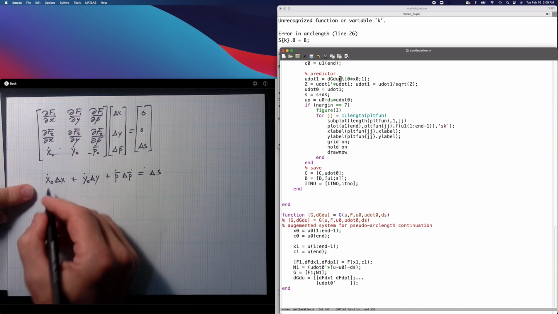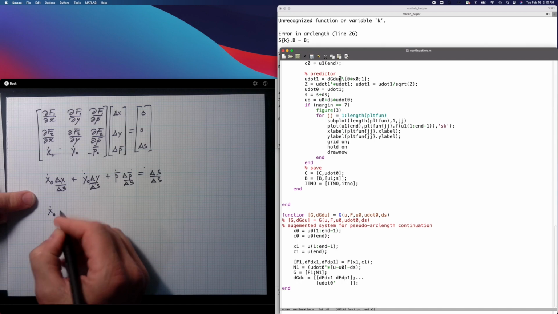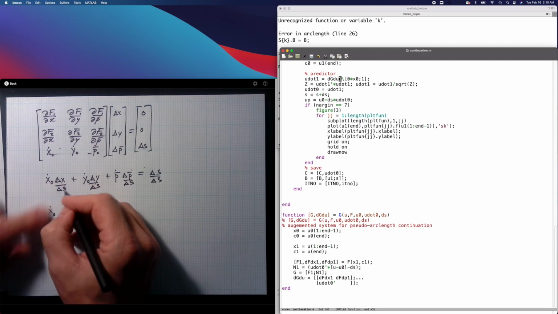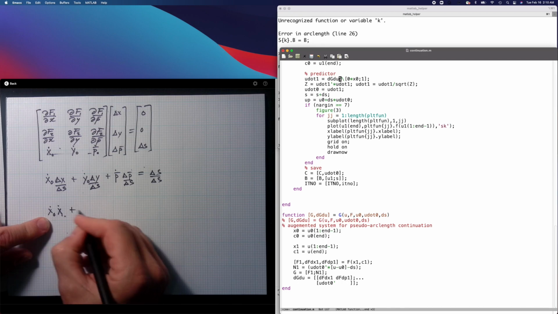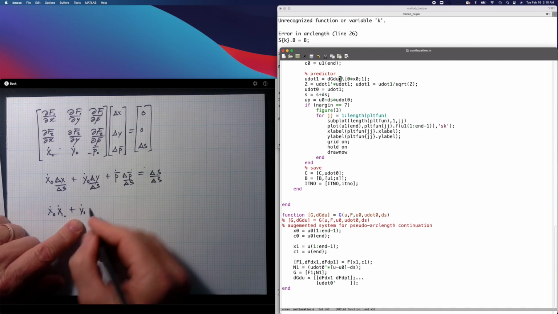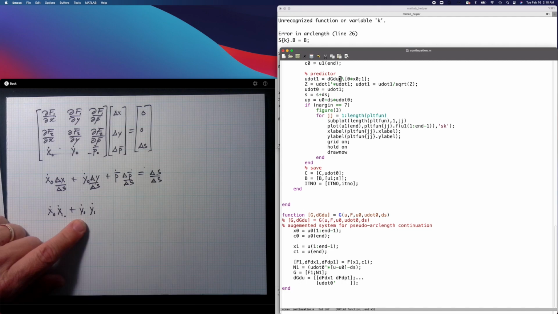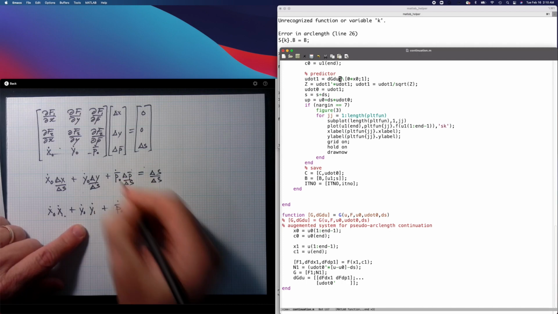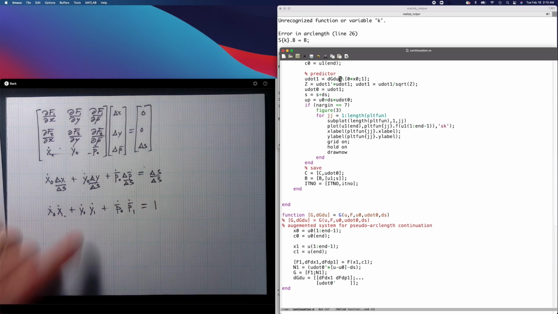And if I divide through by delta s, what I get is x dot naught times the new dx ds, which is an approximation, x dot 1, plus y dot naught, the old dy ds, times the approximate y dot 1, plus p bar dot naught times the new p bar dot 1, is equal to 1.